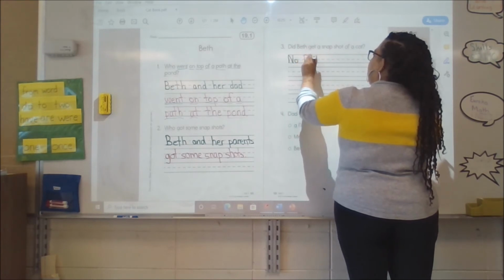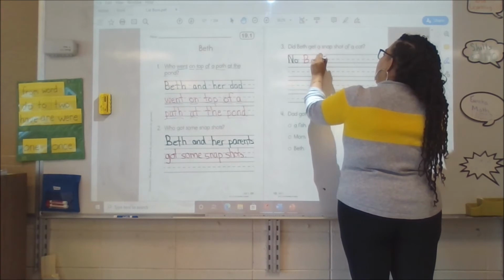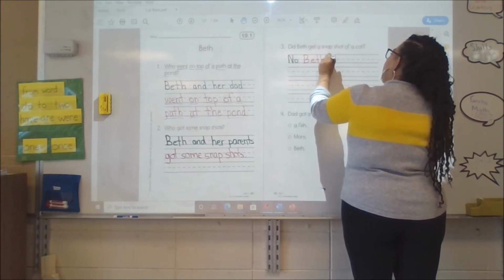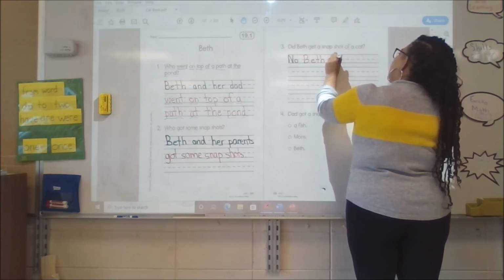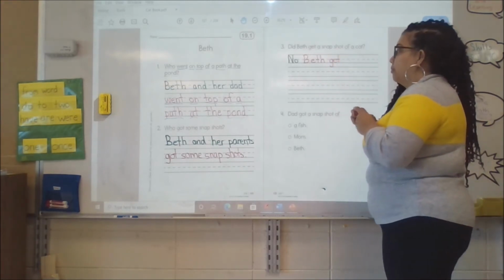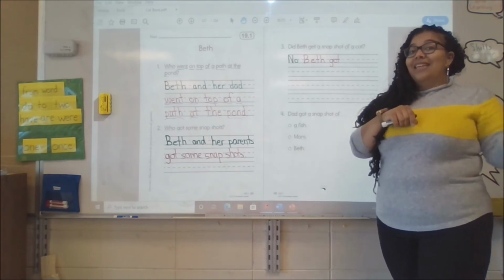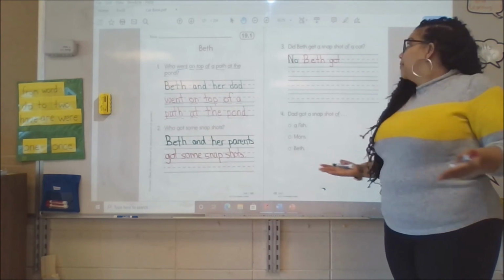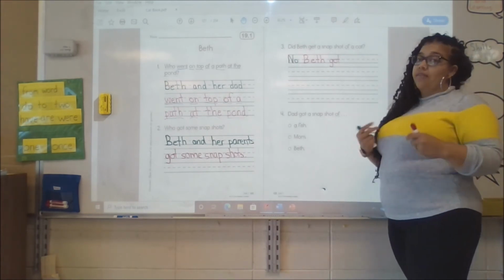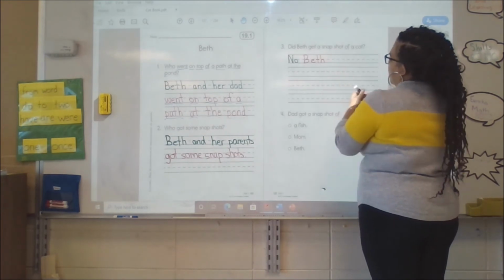Beth got. So there's two possible conclusions to this answer. You could tell us what Beth did take a picture of, or you can tell us that she did not get a picture of a cat, a snapshot of a cat. Beth got. We're going to go with the did not.